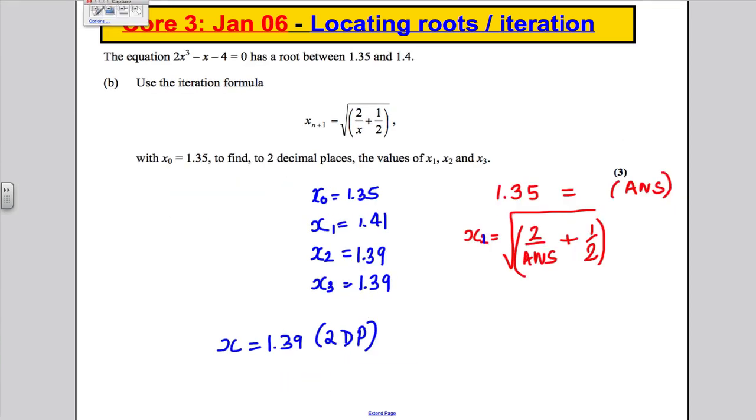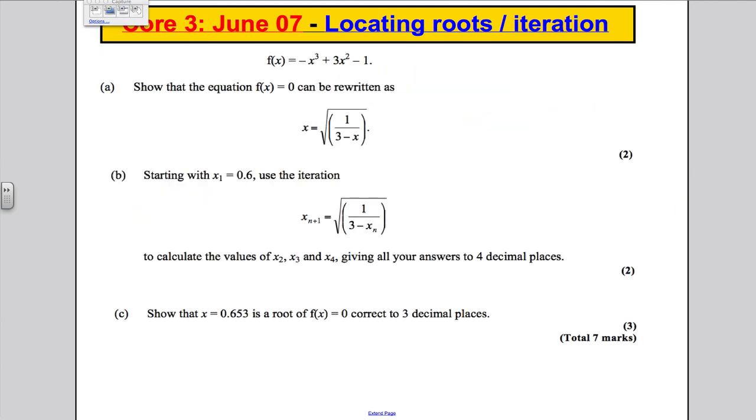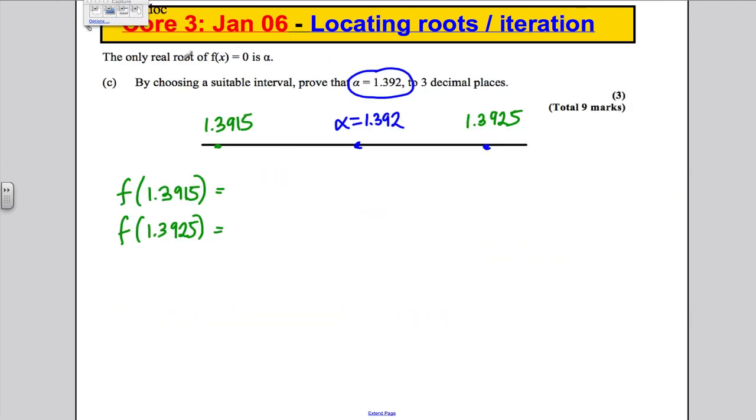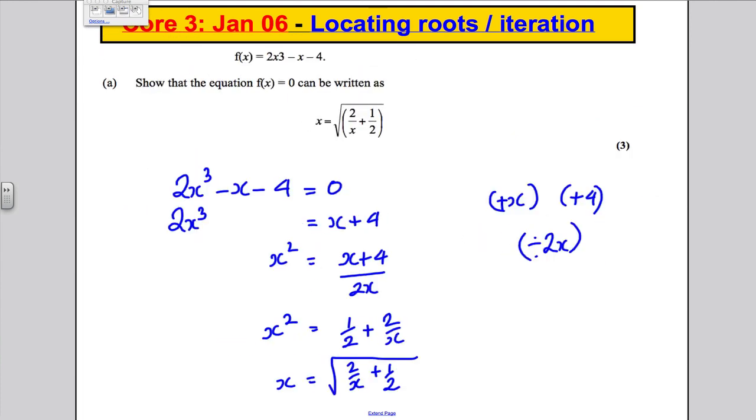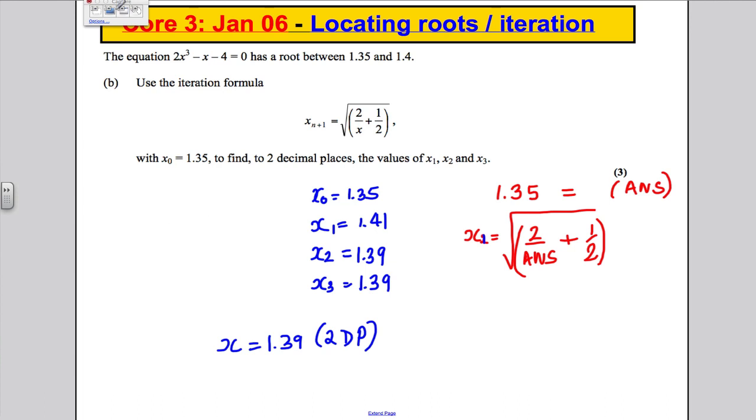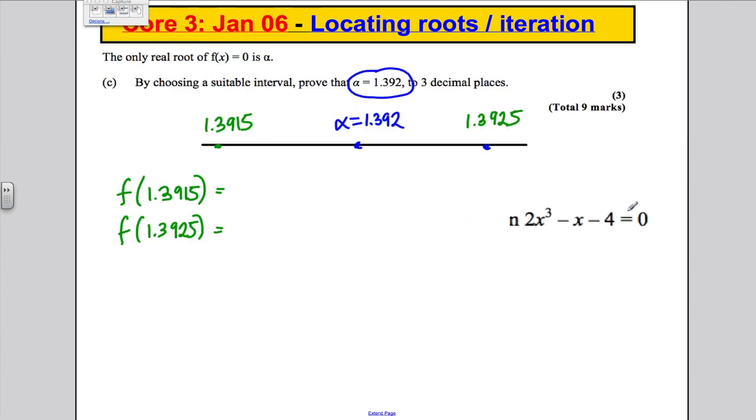So I'm just going to cut this here. So that was our original f.